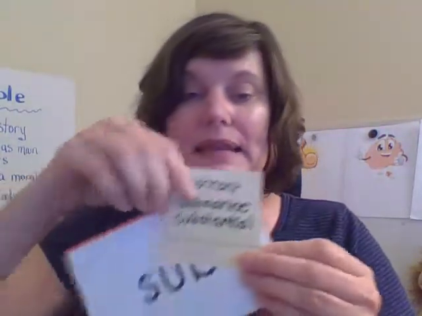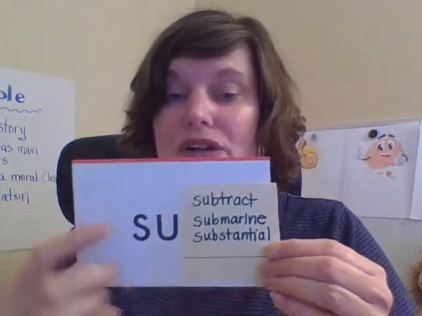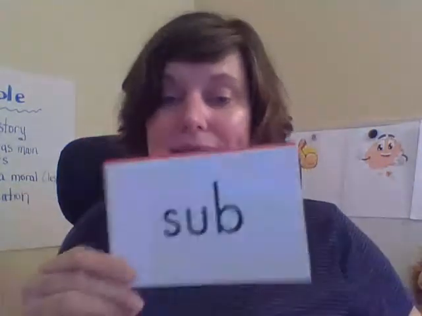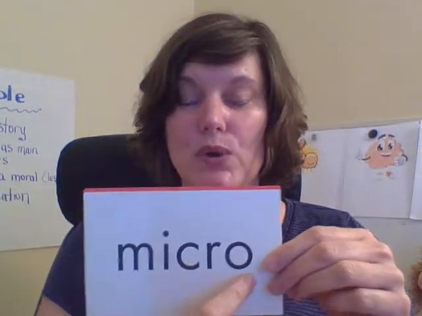Okay, I want to introduce you to a few new syllable types that you're going to see quite a bit. This one is sub, like in subtract, submarine, substantial, sub. So you're going to see this a lot. The next one is micro. Micro.